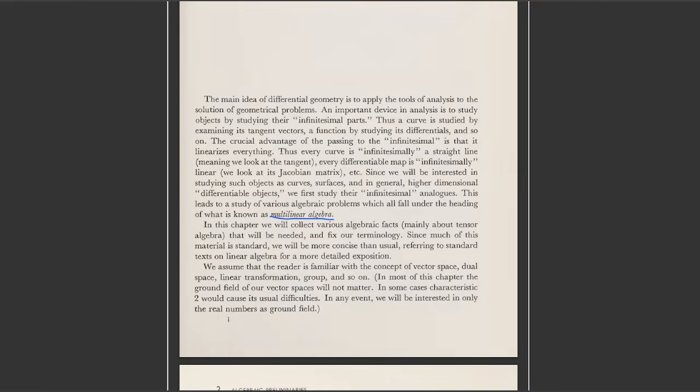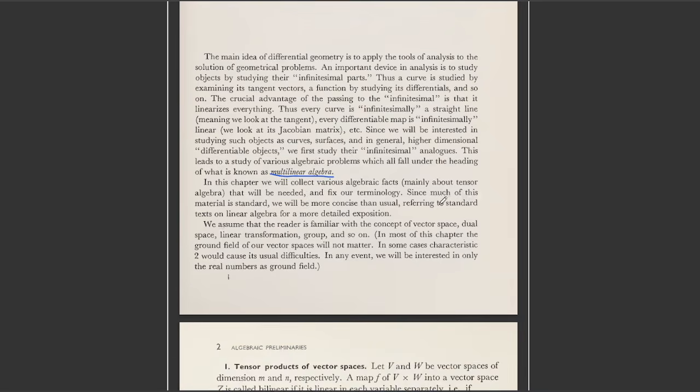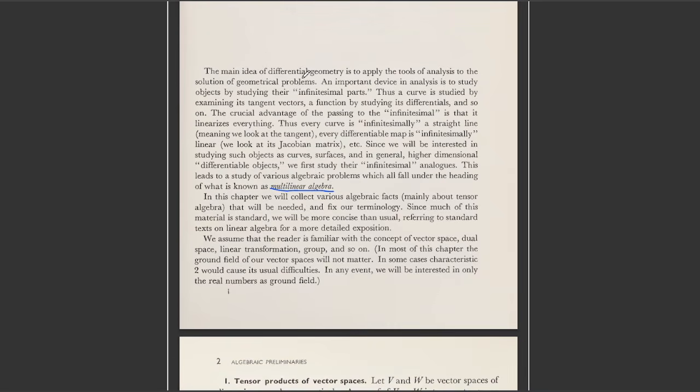Again, the main idea of differential geometry is to apply the tools of analysis to the solution of geometrical problems, and to take crucial advantage of the fact that the infinitesimal linearizes everything.